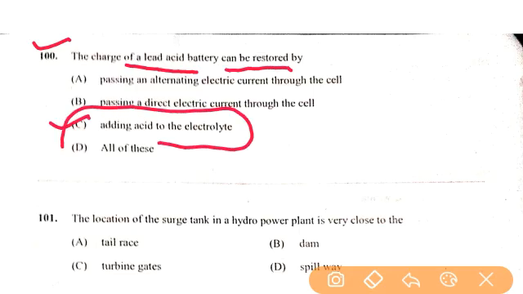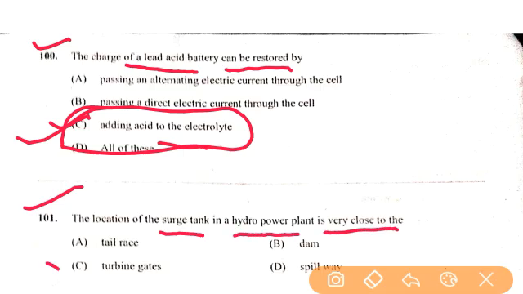Option C will be the correct answer. In the next question, the location of the source tank in a hydroelectric power plant is very close to the turbine gate. Option C will be the correct answer.